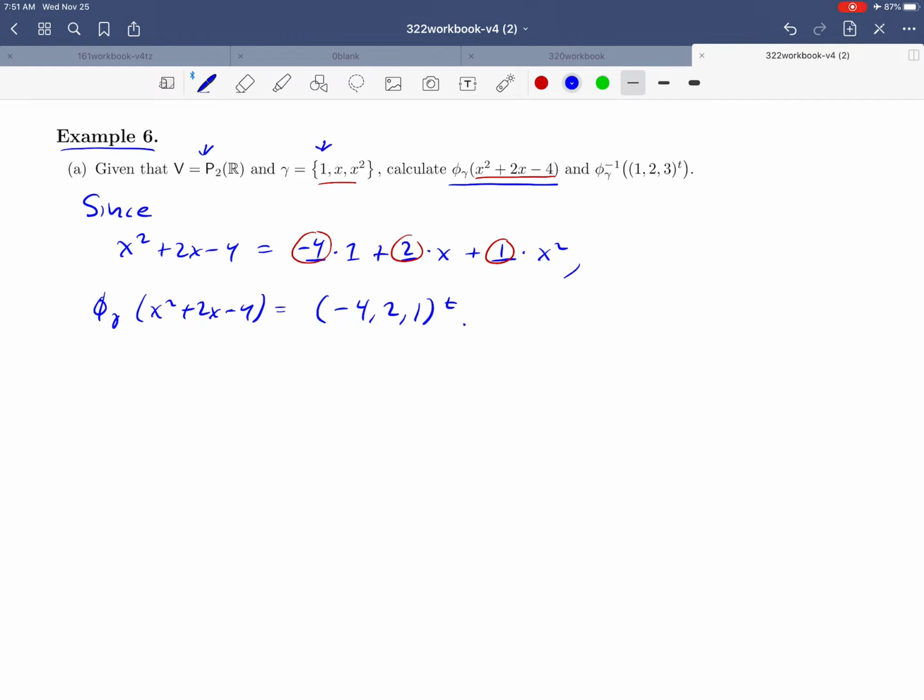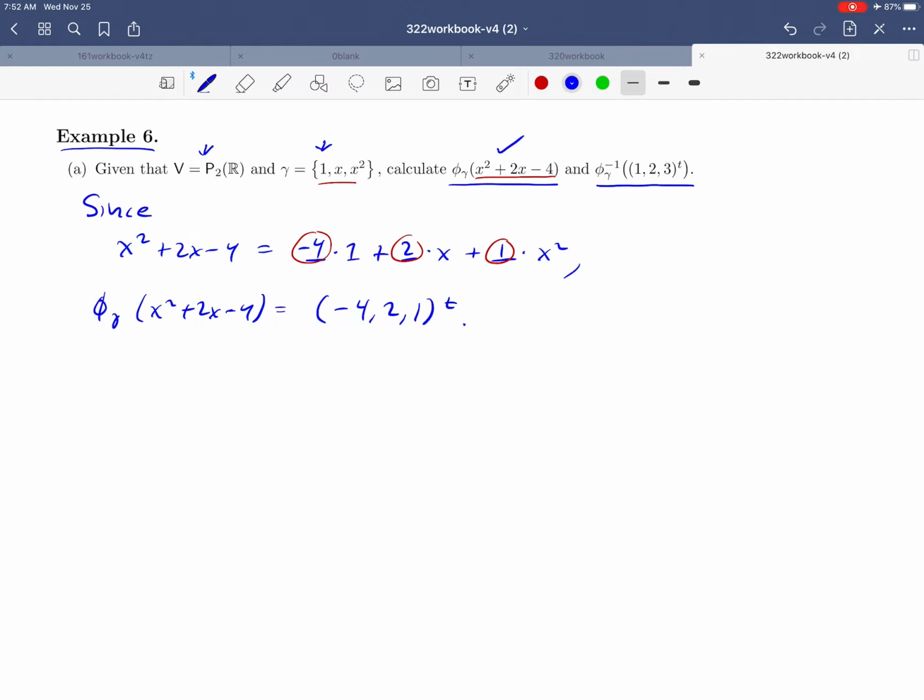All right, so we have just done the first of the two calculations. The second one over here is a little more interesting. Now they'd like us to calculate phi gamma inverse of (1, 2, 3). So we're talking about the inverse of the standard representation function. If the standard representation function takes a vector to its coordinate vector, then the inverse does the opposite.